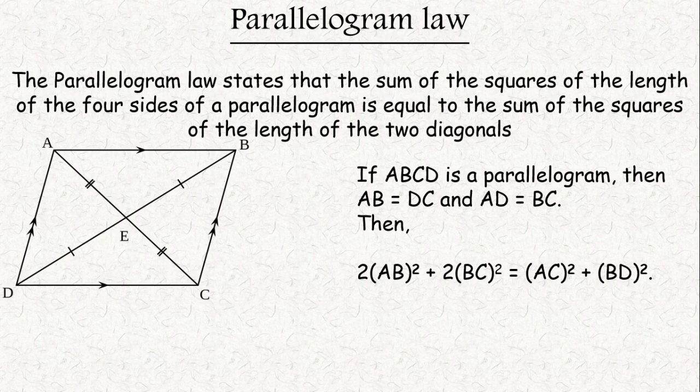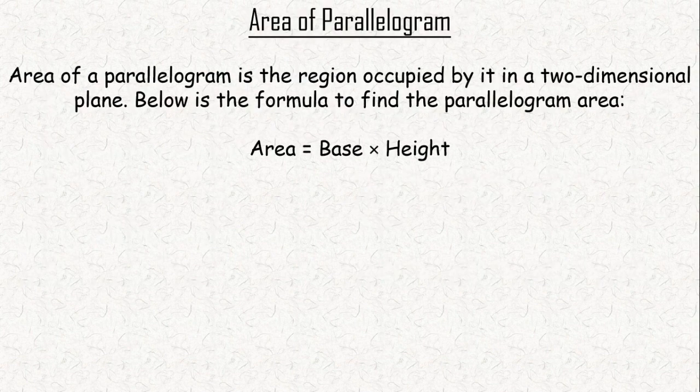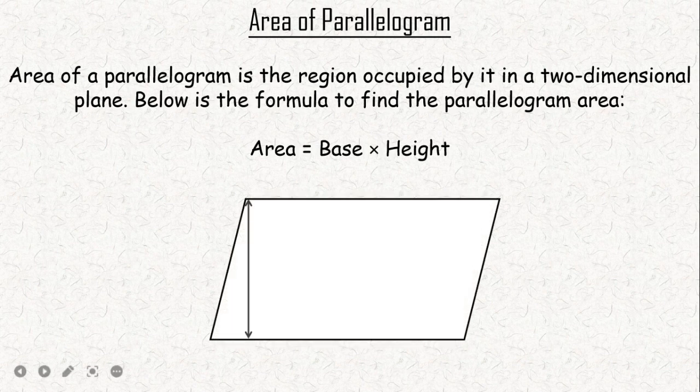This is the parallelogram law. Next, area of parallelogram. Area of parallelogram is the region occupied by the parallelogram in a two-dimensional plane. Below is the formula to find the area of a parallelogram. That's area is equal to base into height.